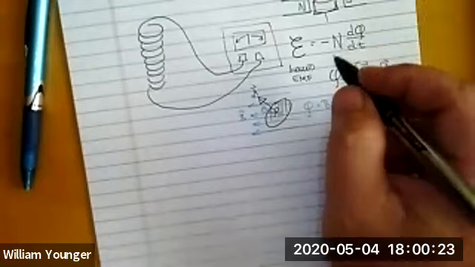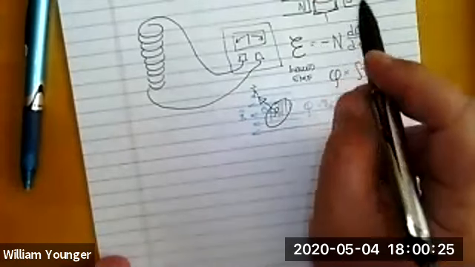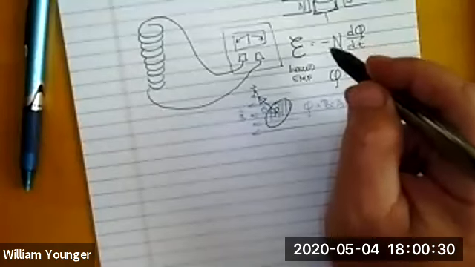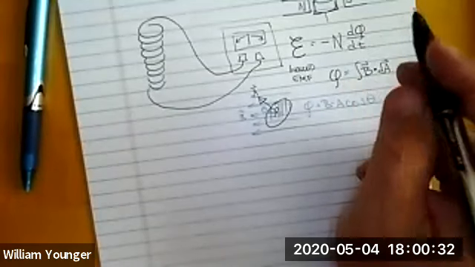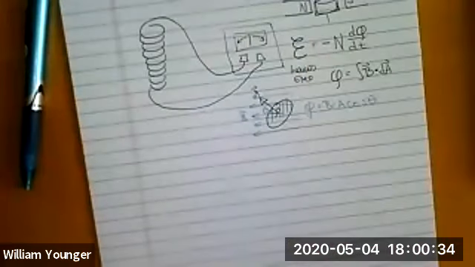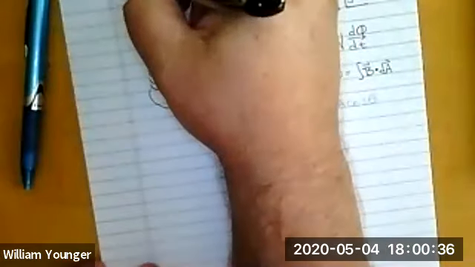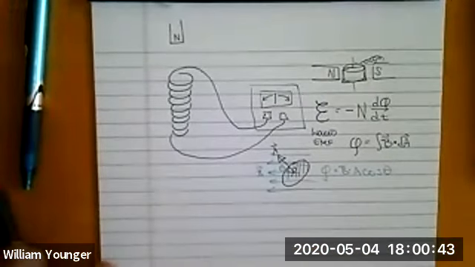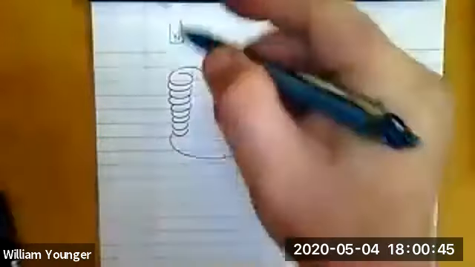Now, here's the weird part. If we put it in words, Faraday's law includes something we call Lenz's law, which tells us about the direction of the induced current. And this is a really big deal. So if we imagine, let's say, the north end of a magnet pointing down, like you see there, then remember how the magnetic field lines are defined.